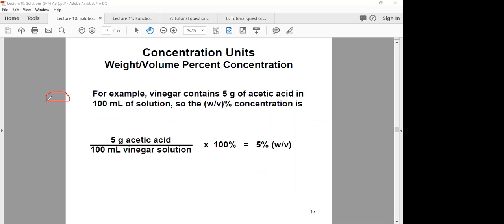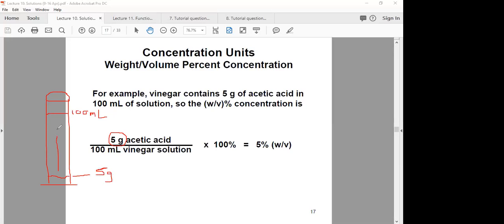Okay, here we have some sort of measuring flask. I'm going to use a measuring cylinder. Here we go. We're going to weigh out 5 grams and place it in here. So here's our 5 grams of your solute. Then we would top that up to the 100 mL mark with water.